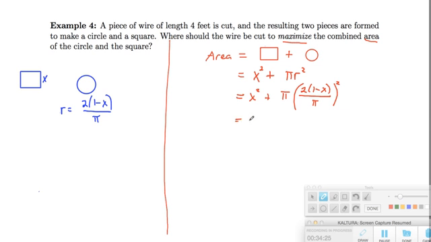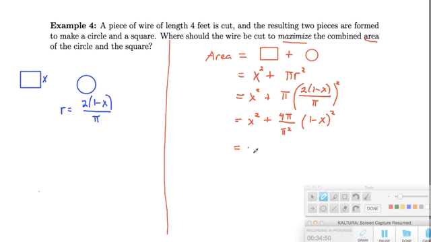Now, if we can clean this up a little bit, it'll be easier to take the derivative. Notice how you've got pi and then you've got a pi squared in the denominator. You've also got a 2 squared. So this is really 2 squared, which is 4, times pi, and then over pi squared, right? And then you still have that (1 minus x) squared part.